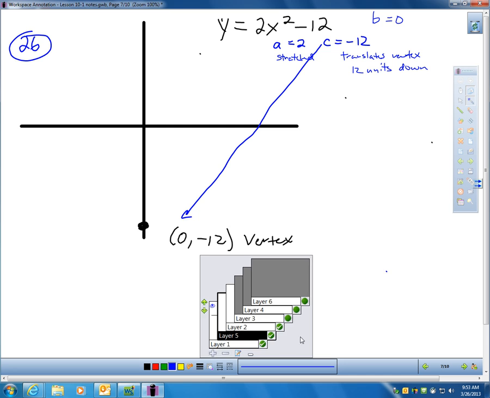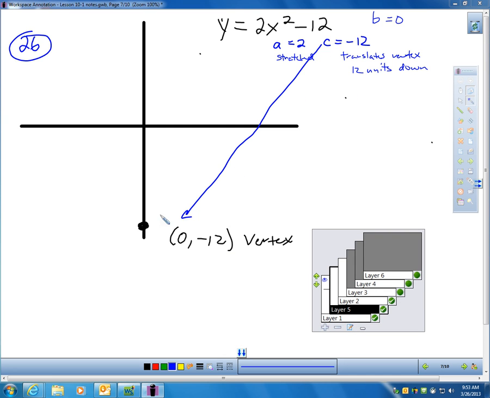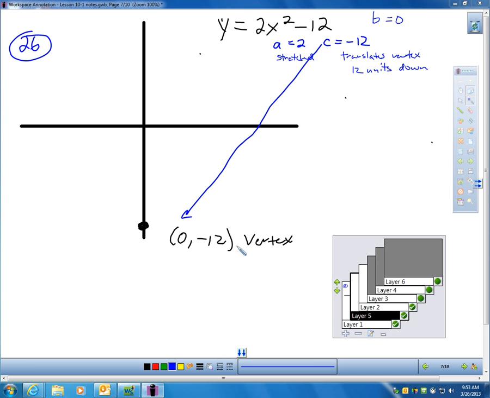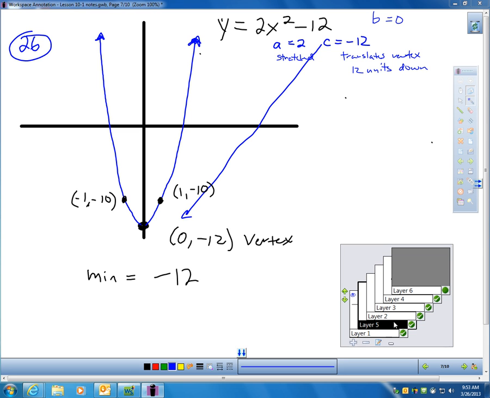So now, when I go to sketch it, I know that my vertex is at (0, negative 12). Since 2 is positive, I know my parabola has to open upward. And all I need to do is label a couple other points. Well, how do I figure out 2 other points? Very simple.